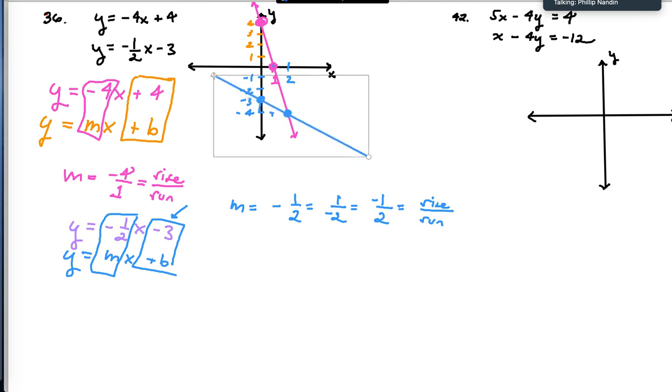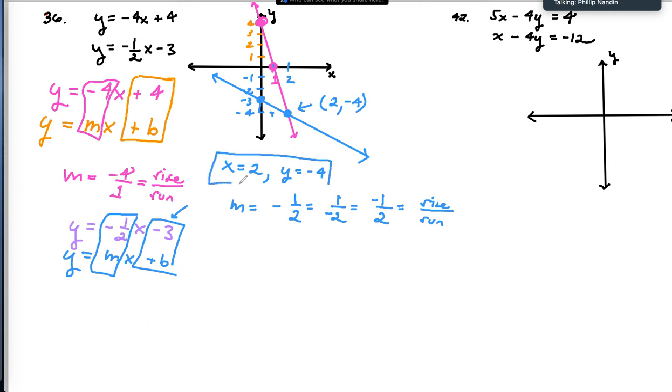This is my other line. Now, that point right there, we need to identify exactly what point that is. Well, it's 2 along x, and negative 4 along y. So my solution is x equals 2, and y equals negative 4.